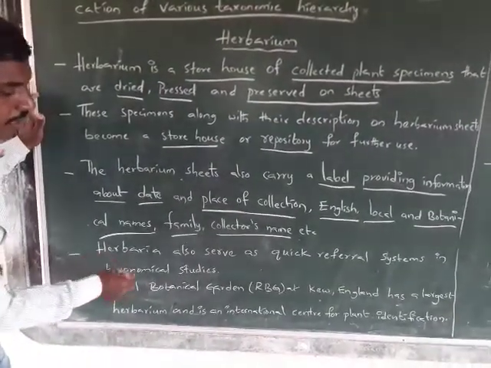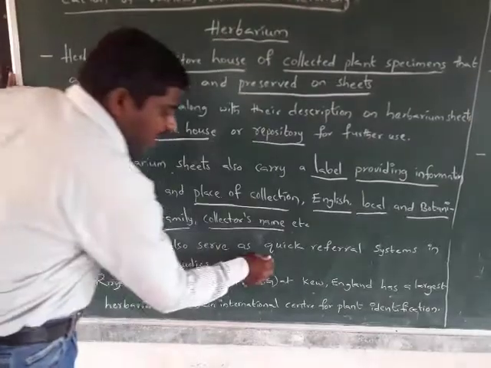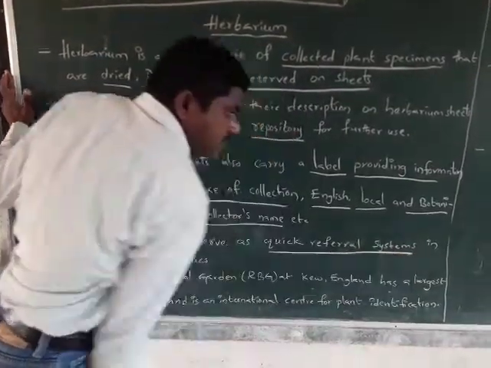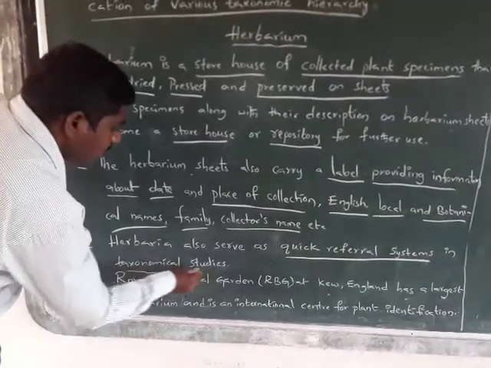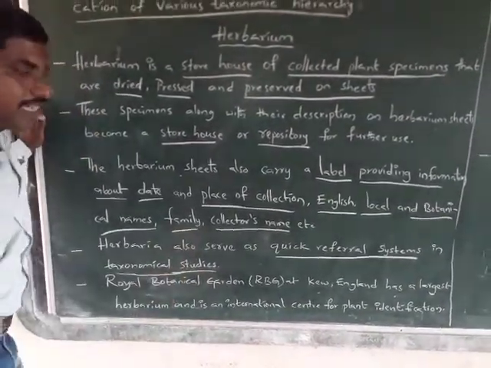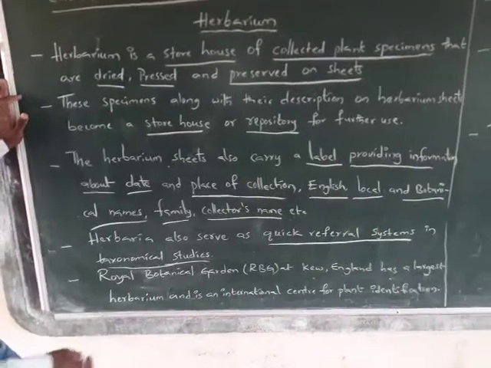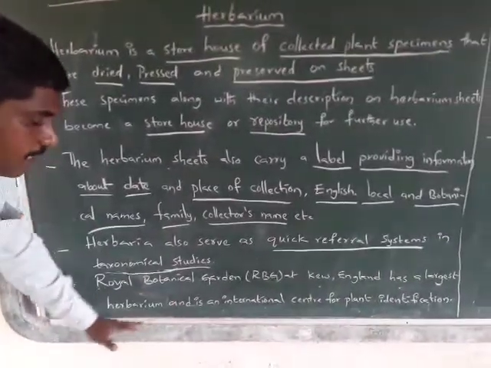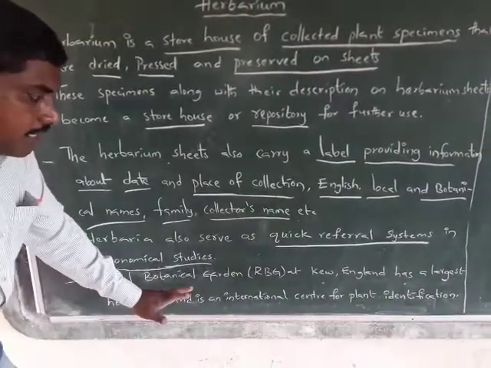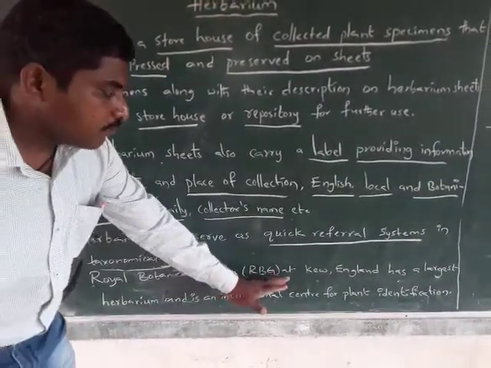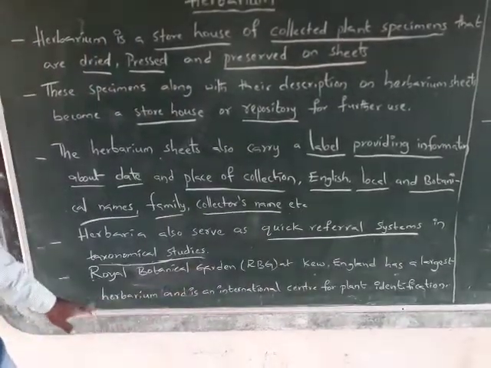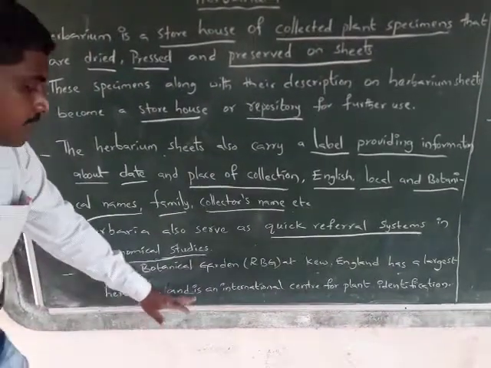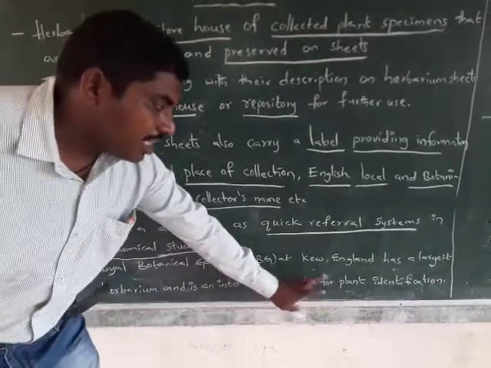These herbaria also serve as a quick referral system in taxonomical studies. For example, the Royal Botanical Garden (RBG) at Kew, which is in England, has the largest herbarium and is an international center for plant identification.